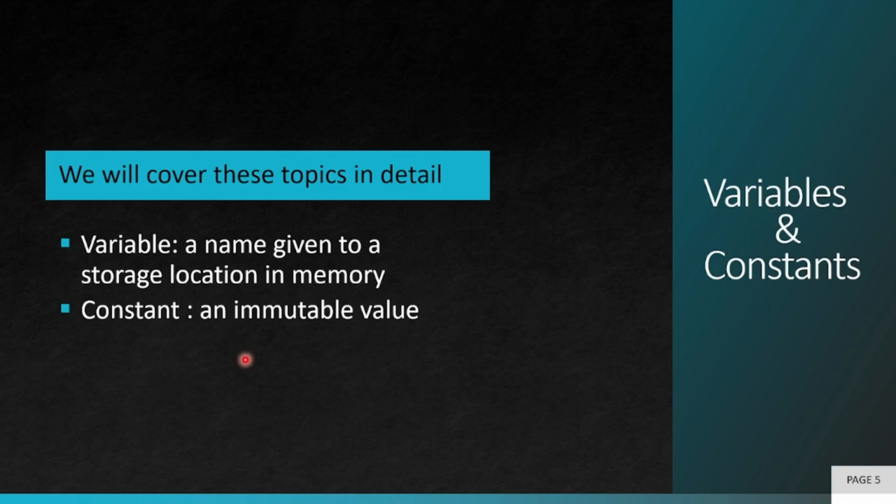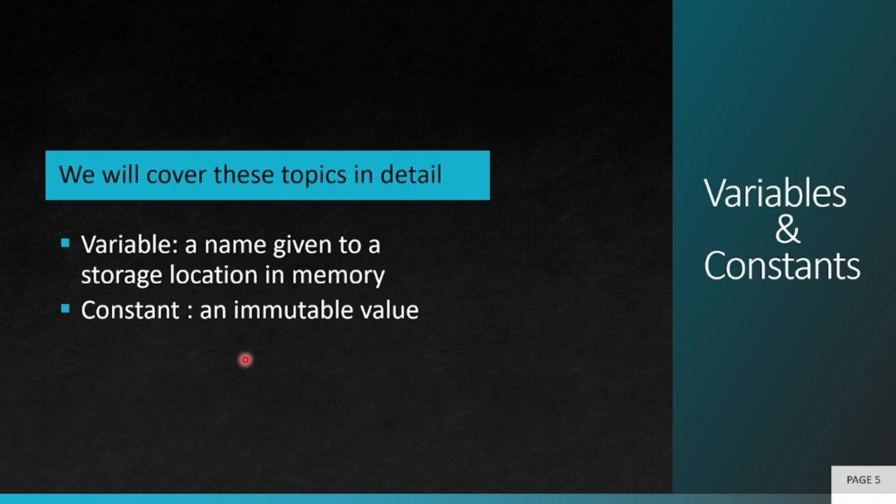That is a value that we know at compile time and that cannot change throughout the life of the application. Why do we need constants? The reason is to create safety in our application. Imagine you're creating an application that involves some mathematical computation around circles.